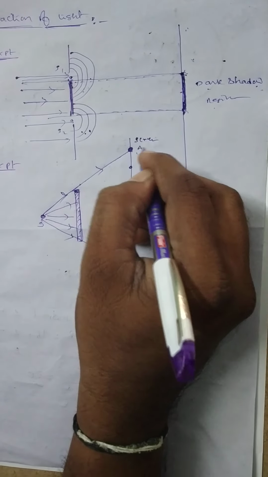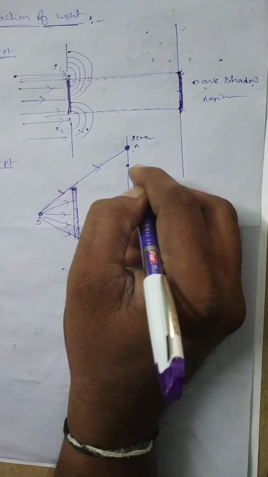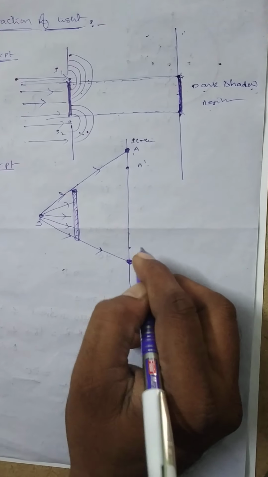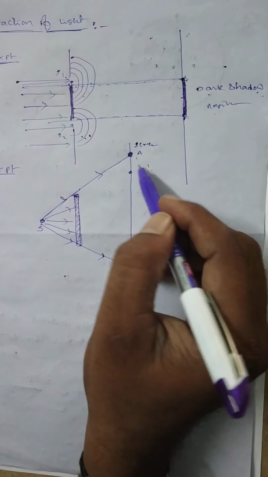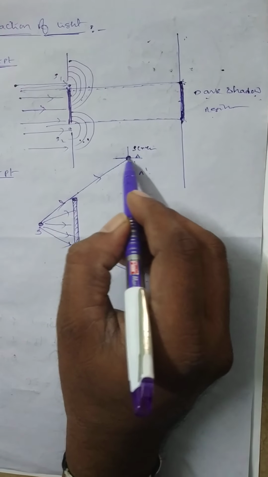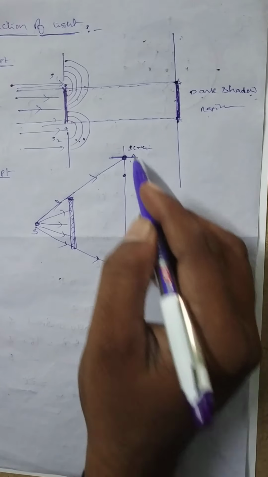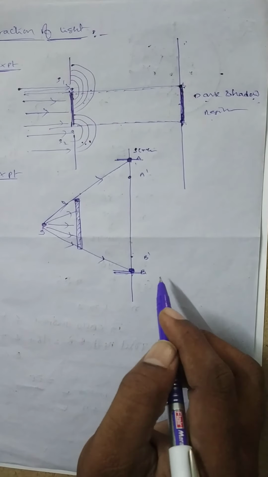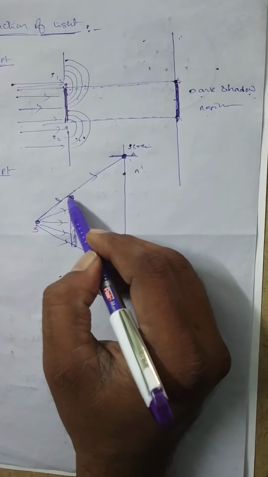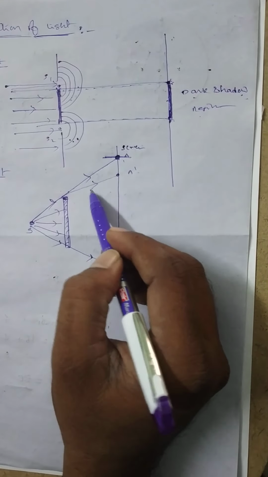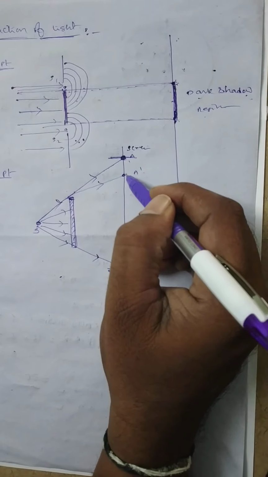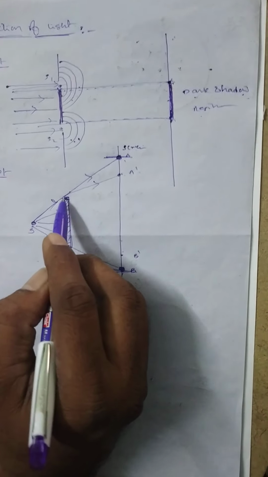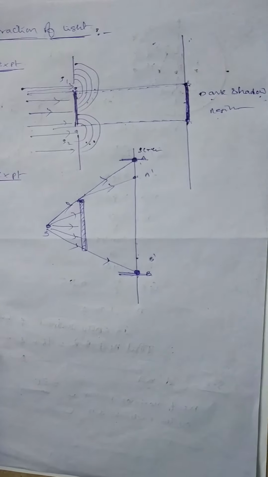Suppose this is A to B. From A to A dash or from B to B dash, the light encroaches within the geometrical shadow. It means A and B are not perfect boundaries of the geometrical shadow. This encroachment means there must be light bending at the edge of the obstacle.